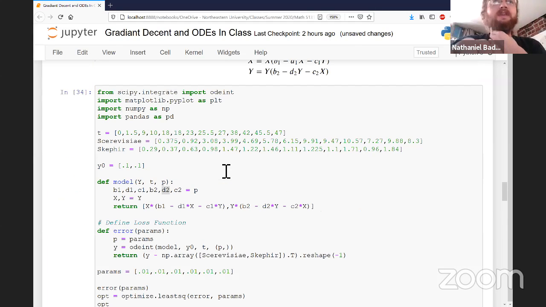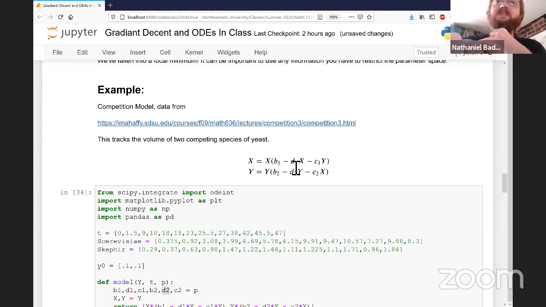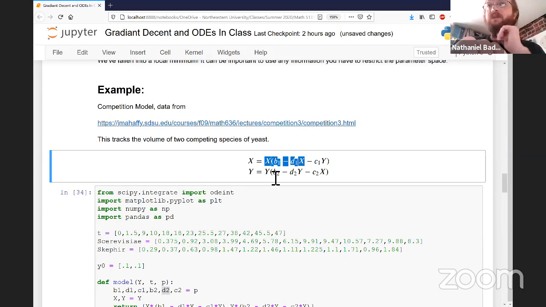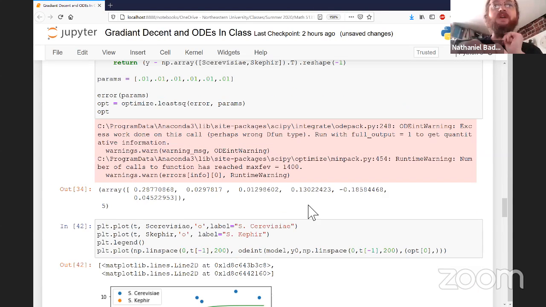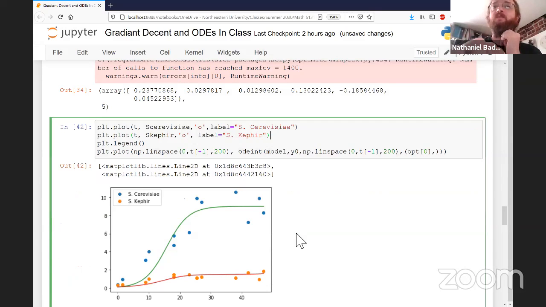And in the case of the competition model, that will fix these parameters, right? We can fix B1 and D1 and B2 and D2 without the presence of the other population. This is just predicting some logistic growth. So we'll do that in just a second. But are there any questions before we move on?